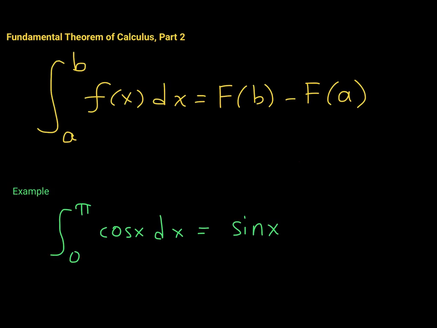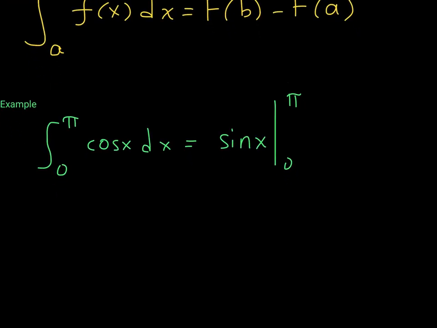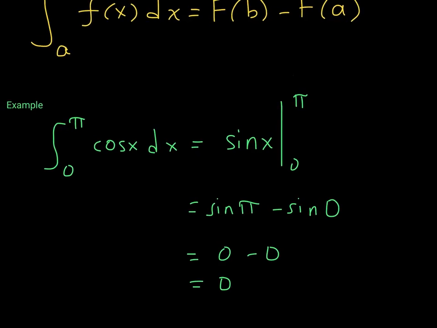And the notation for that is from 0 to pi. Okay, which means this is equal to sine of pi minus sine of 0, which is 0 minus 0, so the answer is 0. Isn't that amazing? All right, cool.